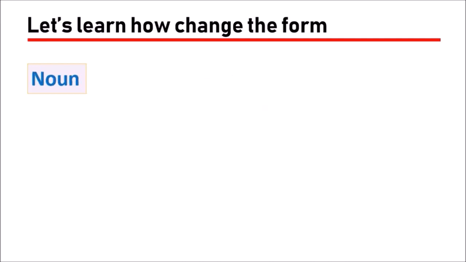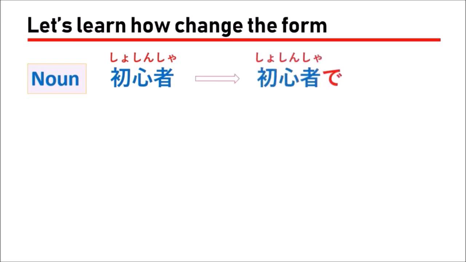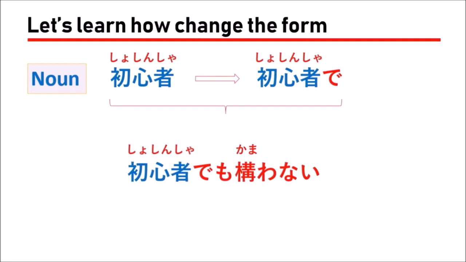The next, here we learn how to change the noun. In this case, we have the noun shoshinsha. Shoshinsha means beginner. When you change to the de form, you get shoshinsha de. When you use the grammar, you can say shoshinsha demo kamawanai.